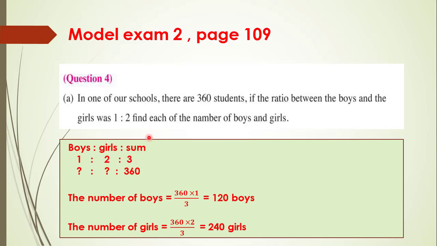We have also here 360, this is the real summation. And by the same way, using cross product, I can get the number of boys and the number of girls. 360 times 1 over 3 and 360 times 2 over 3. The number of boys will be 120 boys, number of girls 240 girls.